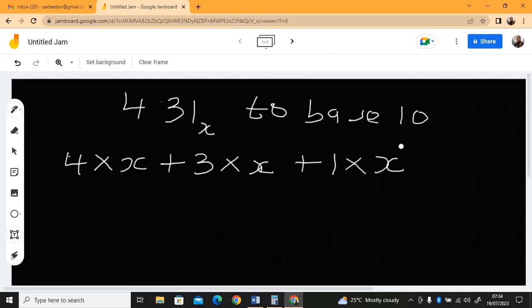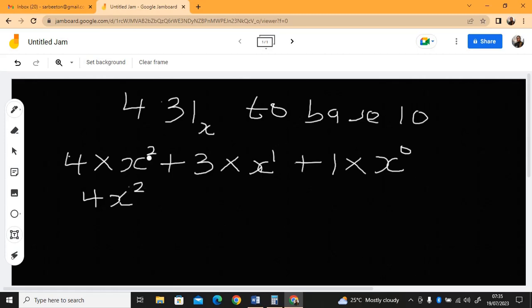Next, the power I told you about, there is going to be 0 here, the second one 1, and the third one is going to be 2, right? Now 4 times x squared is 4x squared.